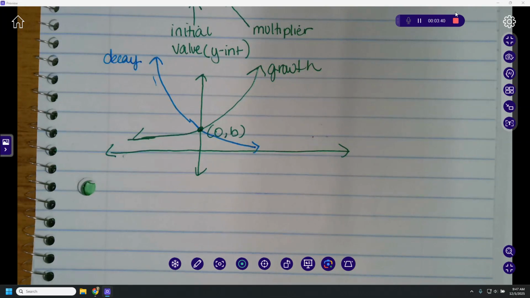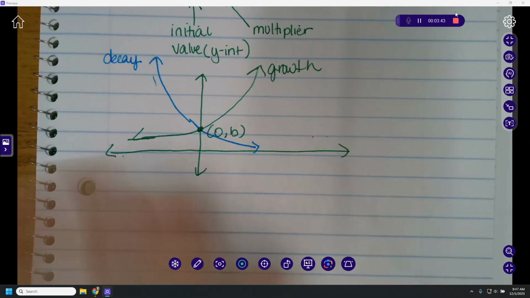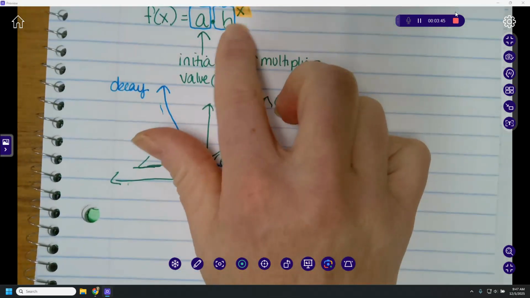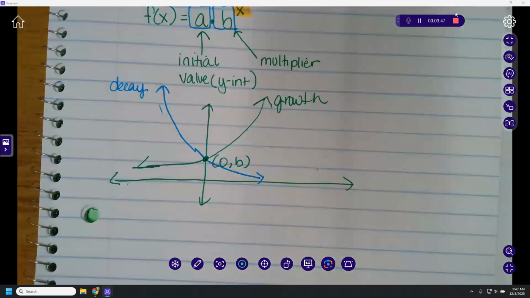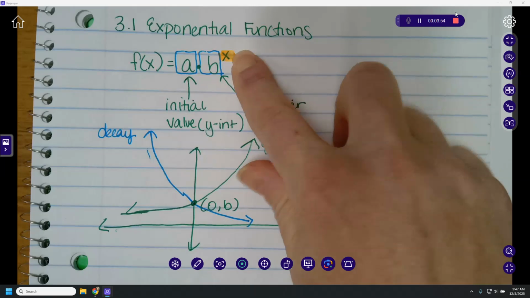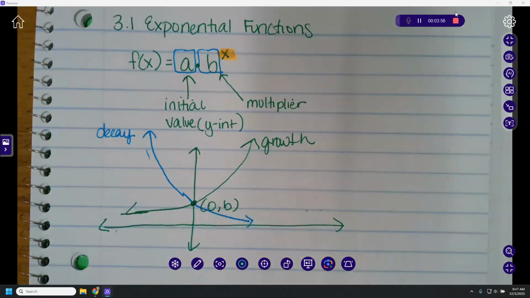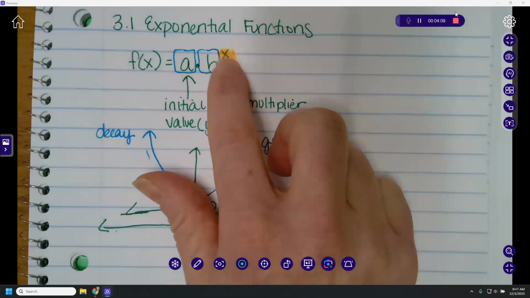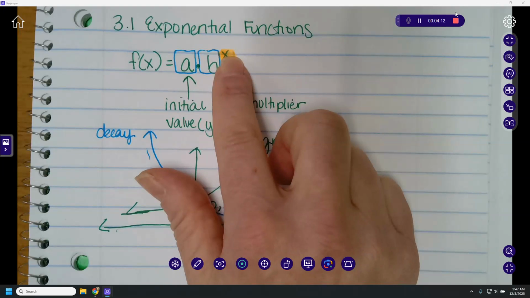All right, when we're dealing with growth and decay, it has to do with the value of the multiplier. As long as x is a positive number, because when we make it negative, do you remember what a negative exponent does? Oh, nobody remembers. A negative exponent flips the fraction. It would flip b around. So that's why we have to make sure x is positive.